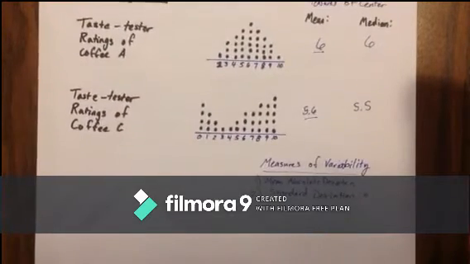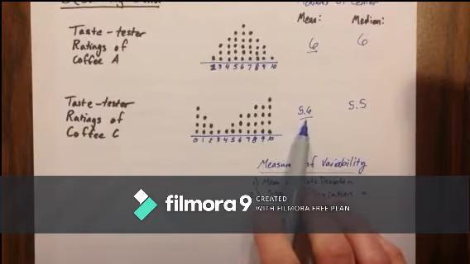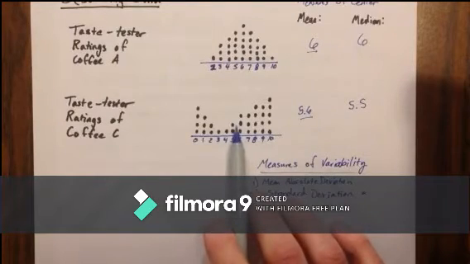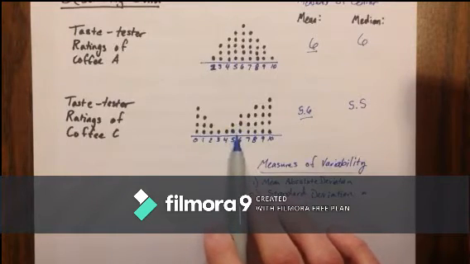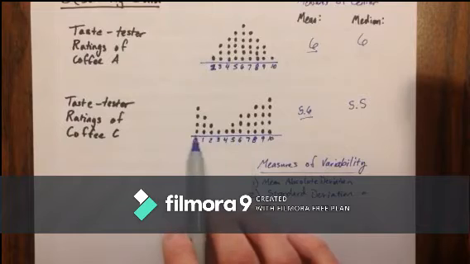If we look down at the second dot plot here, we found the mean was 5.6, would be in this range. So we have a few data points that are fairly close to the mean. But then if we look at these data points out here, they're quite a distance away.